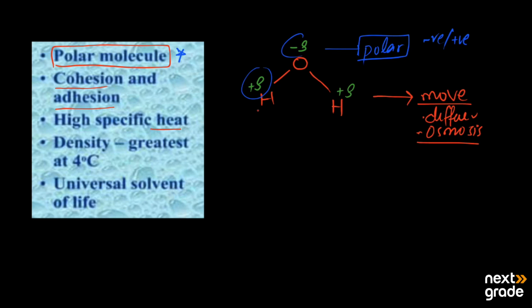When it is heated up, it has high specific heat, so it cannot be easily degraded. The density of water is greatest at 4 degrees Celsius, and its density is 1 gram per centimeter cube.